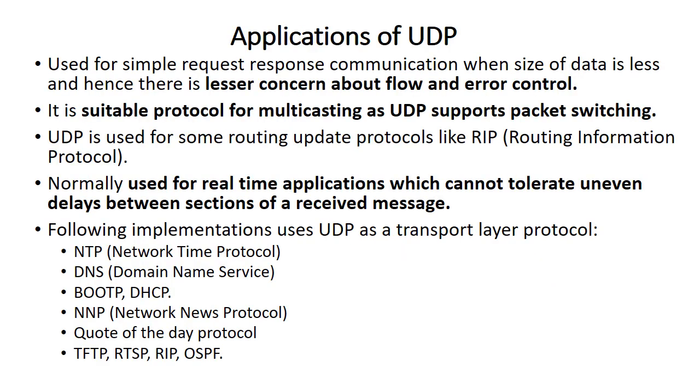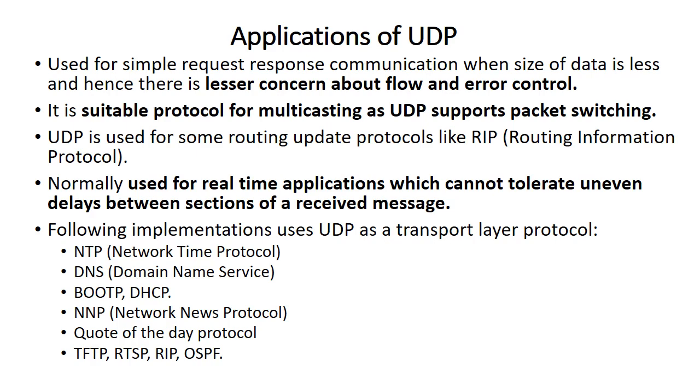Now the application areas of the UDP protocol. We have already discussed that UDP is a simple protocol that can be used when the size of the data is small. It is used where there is less concern about flow as well as error control.